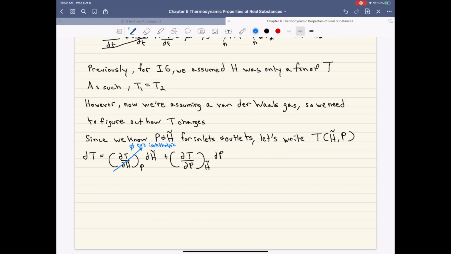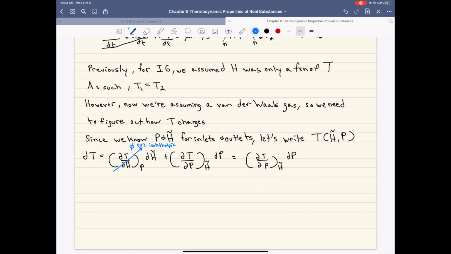And so what we're left with is that the change in temperature, dT, is merely just equal to the partial derivative of T with respect to P at constant enthalpy, times dP. Right? And if you remember from problem 3, what we dealt with was this partial derivative exactly.